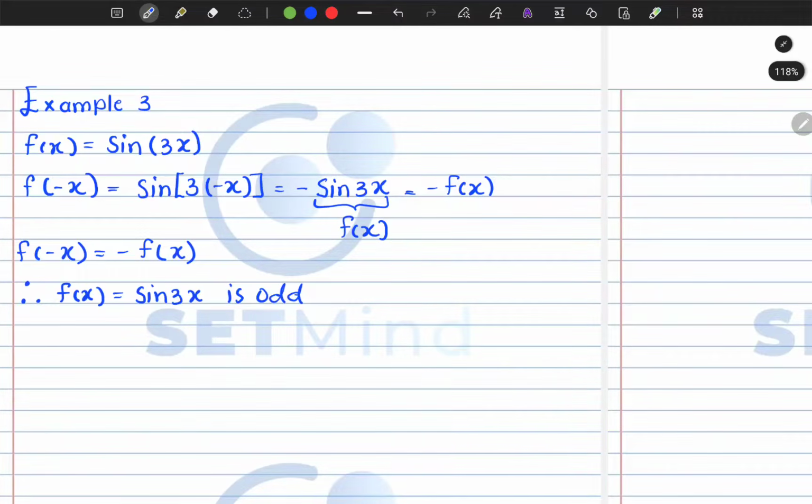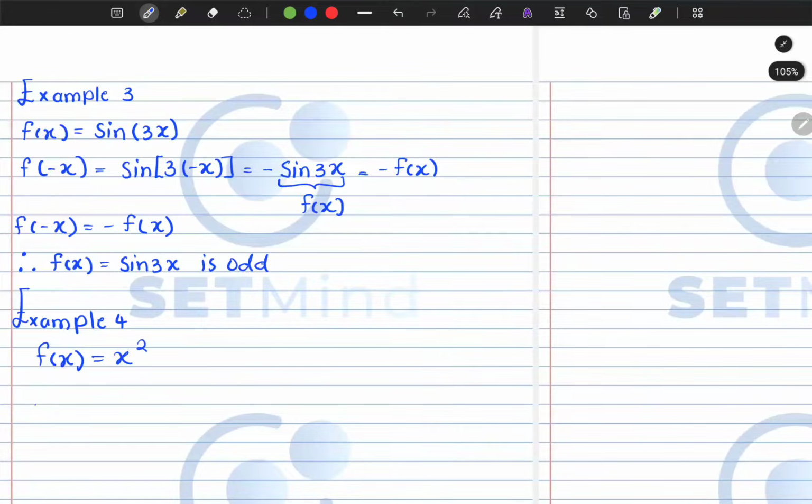Okay. And there are many other examples that you can look into. Let's have a look at example 4 and see if this is an odd function or not. So let's have a look at f of x equals x squared. What we are going to do is wherever we see x, we are going to put negative x. So we'll have negative x all squared.